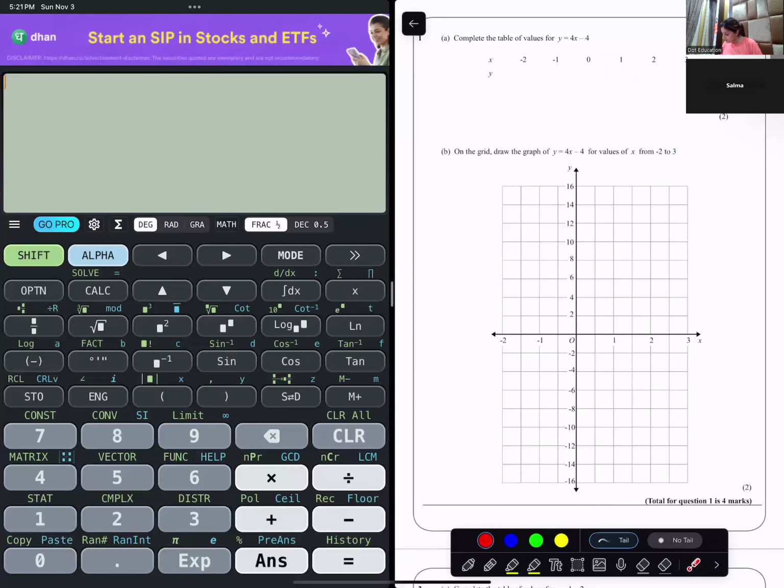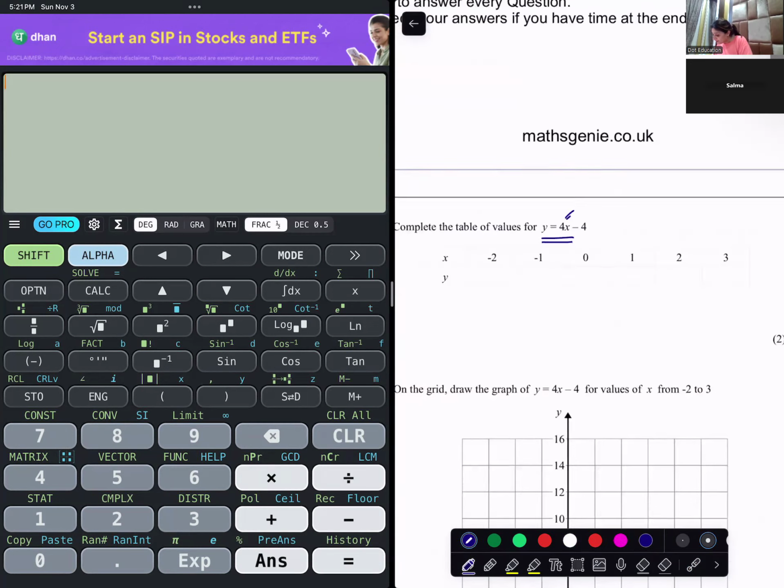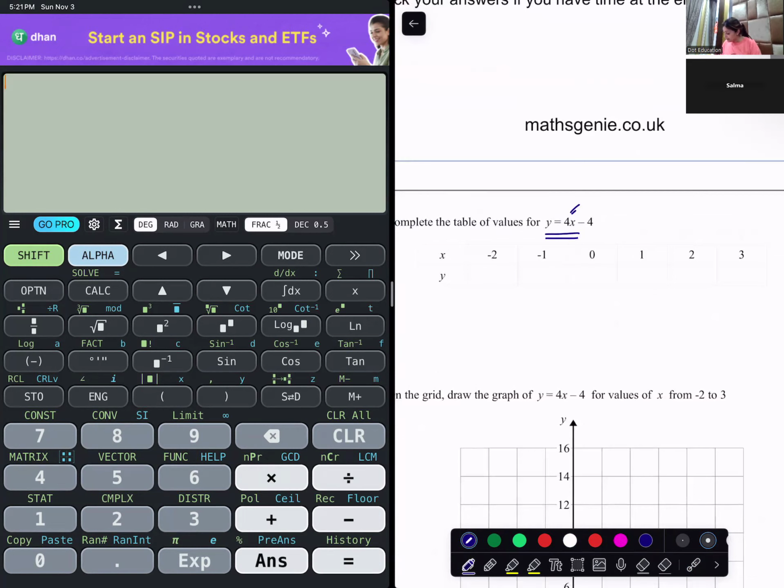So the equation of my line is y is equal to 4x minus 4, and I have different values of x given to me. That means I have the x coordinate given, and I have to find the y coordinate in these different scenarios.